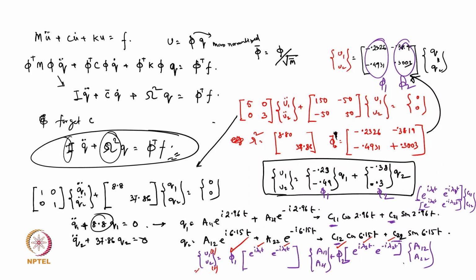Perfect. We have divided into two single degree of freedom systems. Where are they? You are correct: Q1, Q2 are the two single degree of freedom systems. So now let's see what we have done physically.